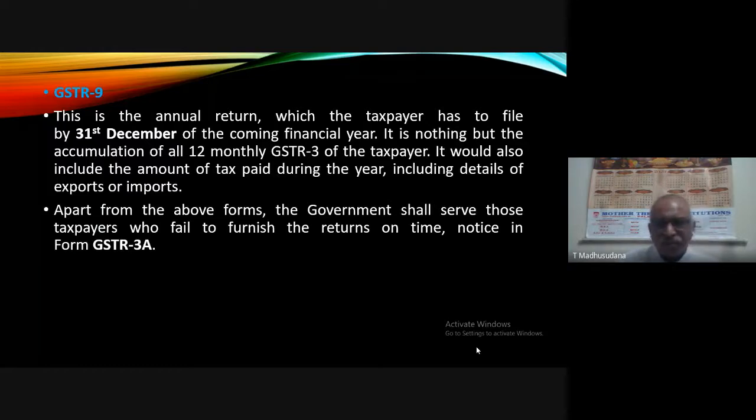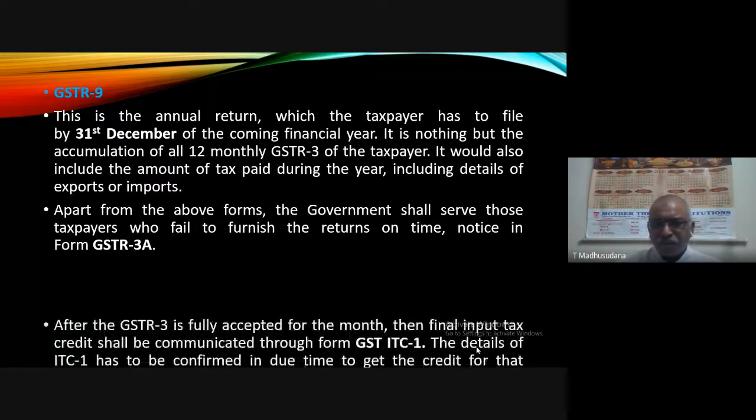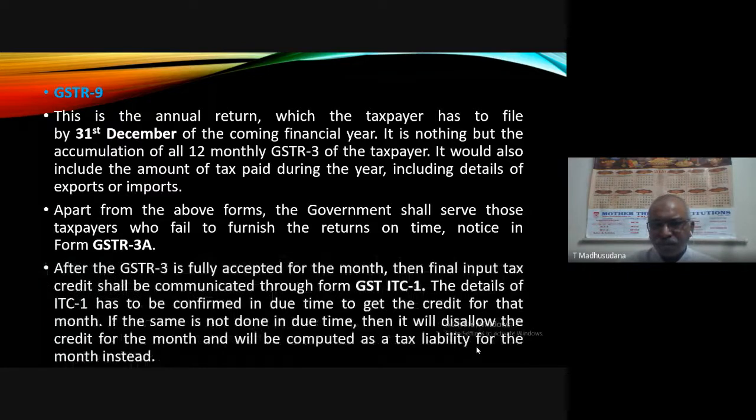A notice will be issued by the government to the person who fails to furnish the returns. After the GSTR 3 is fully accepted for the month, then the final input tax credit shall be communicated through form GST ITC 1.